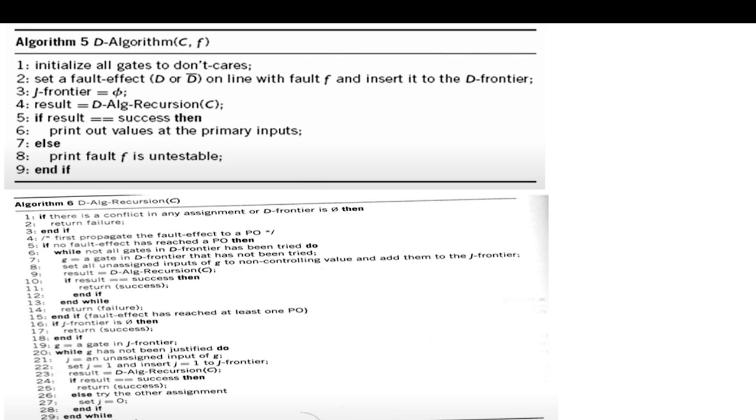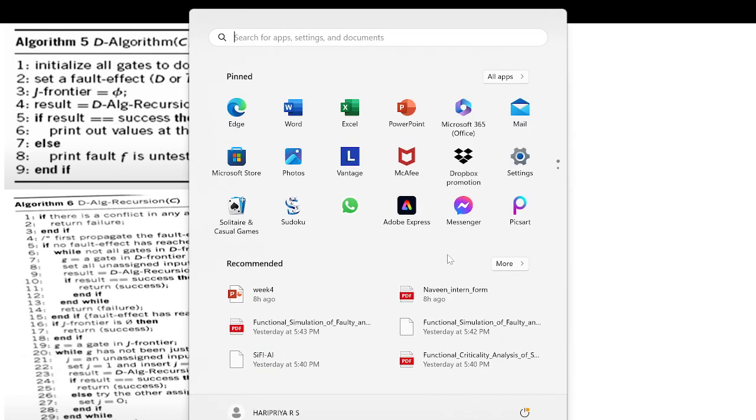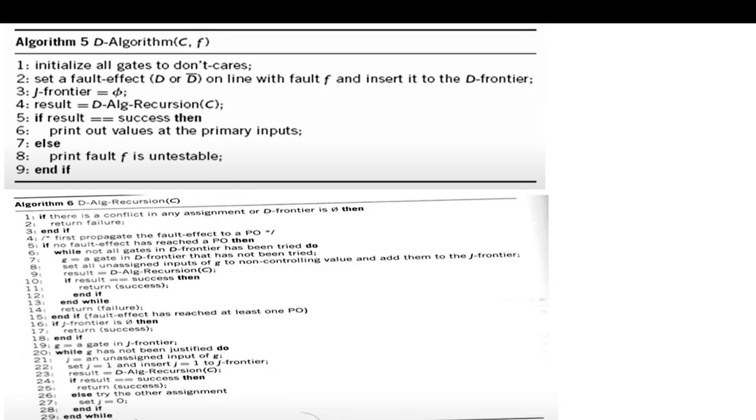Before going to this algorithm, if you have any doubts, you can ask. So let's take an example for the D algorithm.